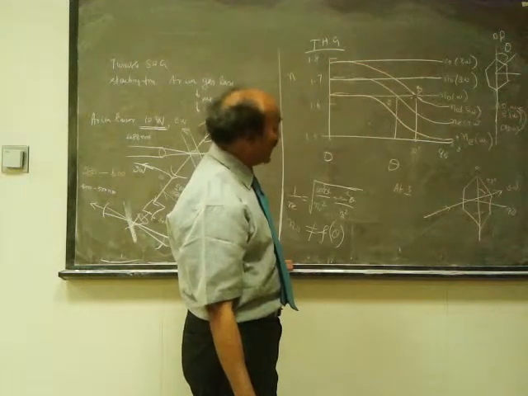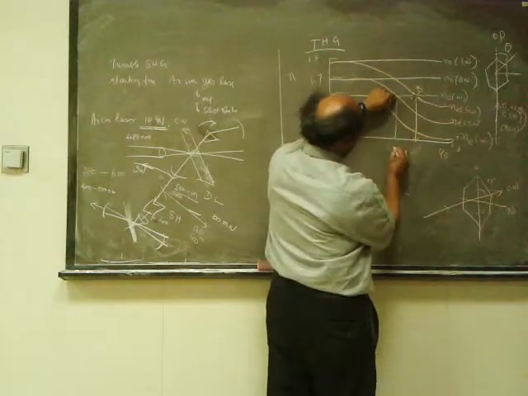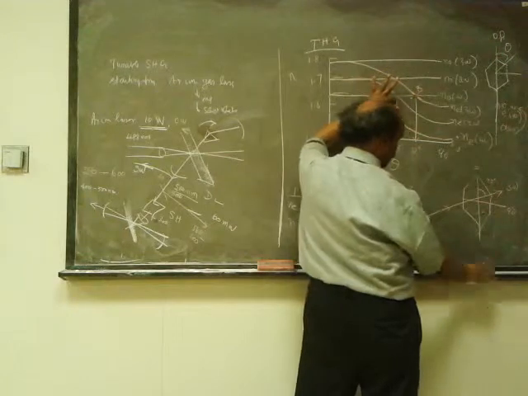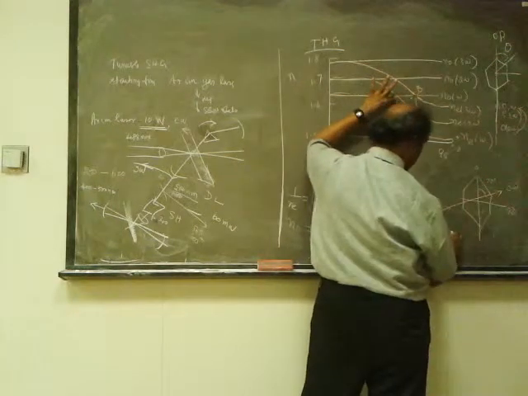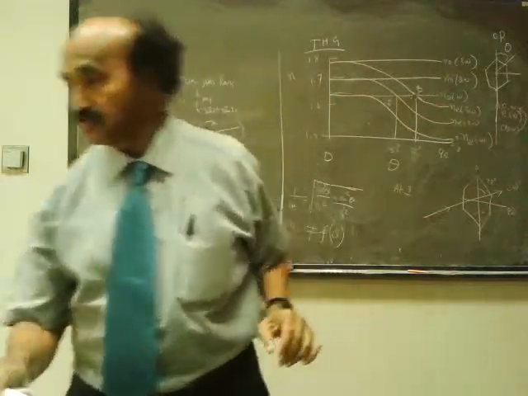In the same way, if I launch it at this angle instead of 72, it may be 53. I don't know, I'm just giving an example. Take the same crystal and I send it. Look at this one.